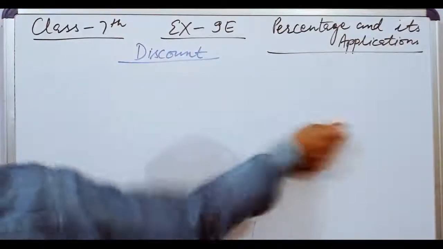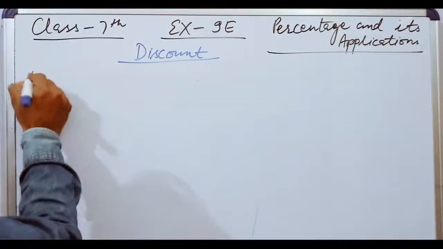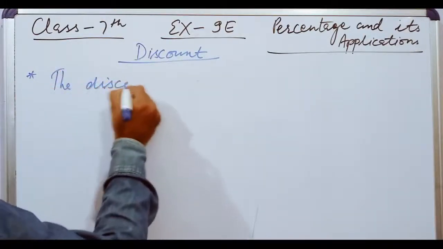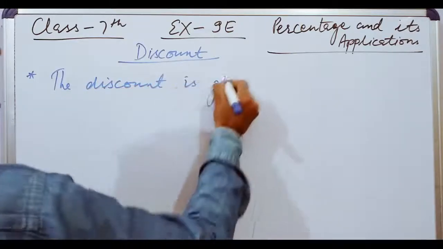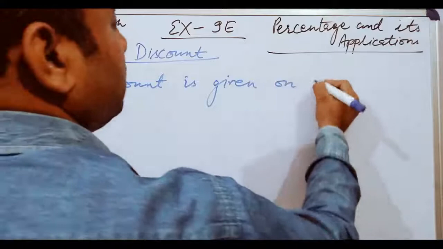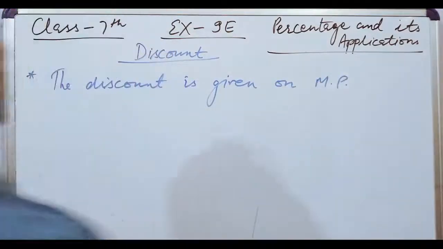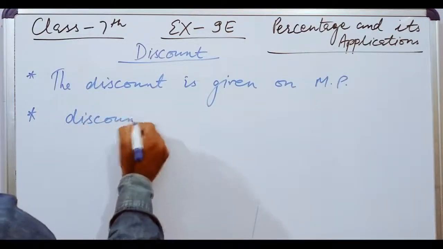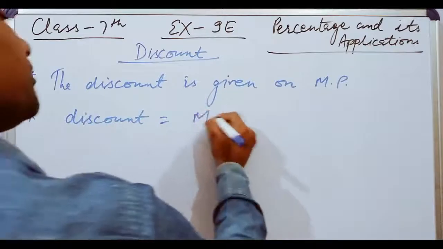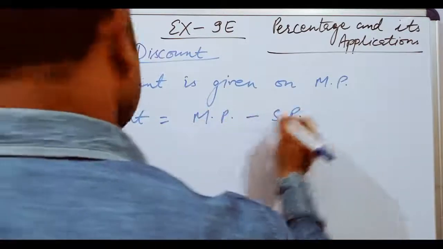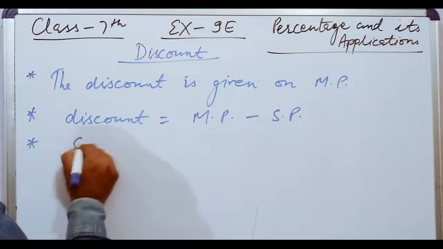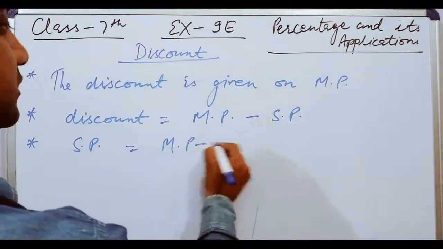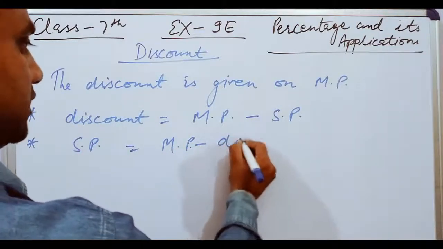Now I am writing rules and formulas. The discount is given on mark price. Then discount equal to mark price minus sell price, or sell price SP equal to mark price minus discount.